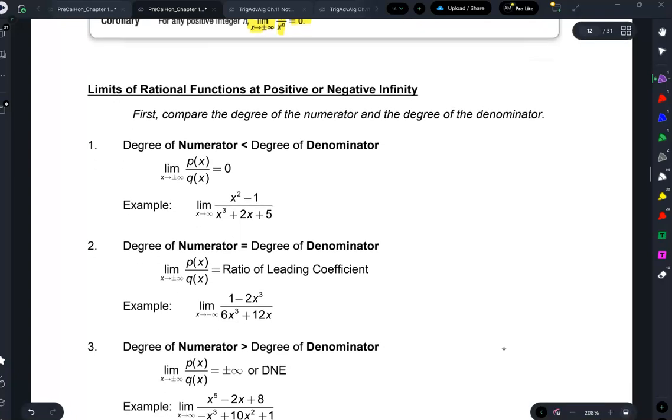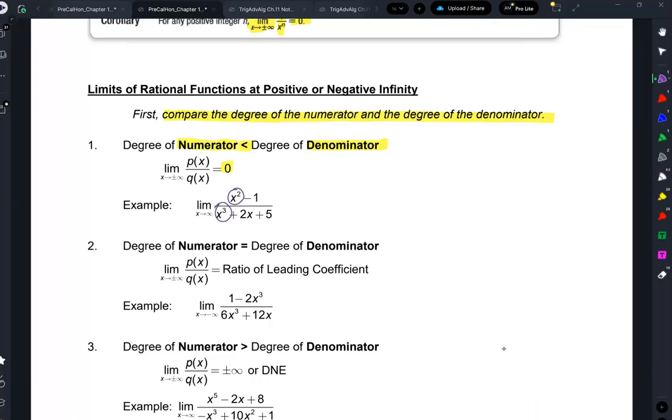Okay, so here we go. This is again a review. Rational functions at infinity. You have to compare the degree of the numerator and the denominator, just like we were doing with that number 41 or whatever. So if the degree of the numerator is less than the denominator, then the limit is 0. So here we want the limit as x approaches infinity.